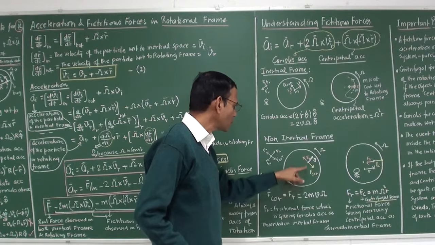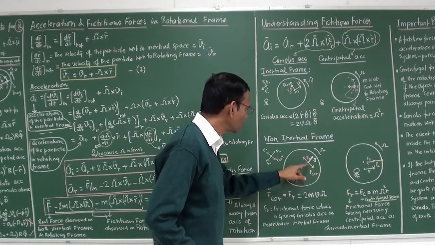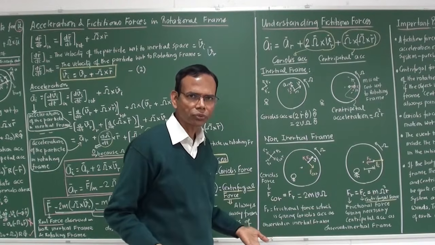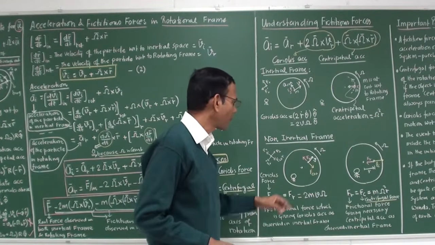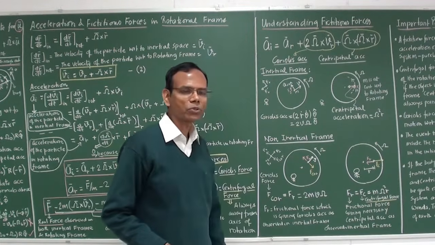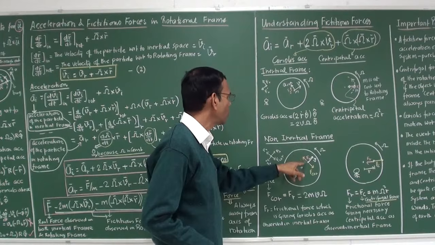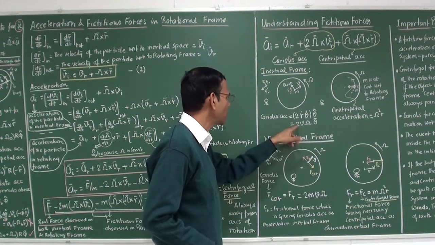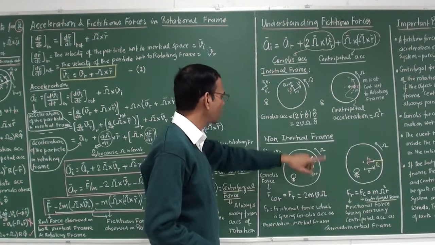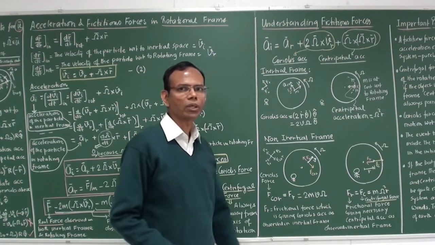Now this man observes that this particular body is moving with a uniform velocity v. Uniform velocity means there is no force, so zero force is acting. So a force negative to Fr has to come, opposite to Fr. Now what is Fr? Fr is m into a, where a was the Coriolis acceleration. So the negative of that will come. Exactly the same way, the negative of the Coriolis acceleration multiplied by m will come here as the Coriolis force.